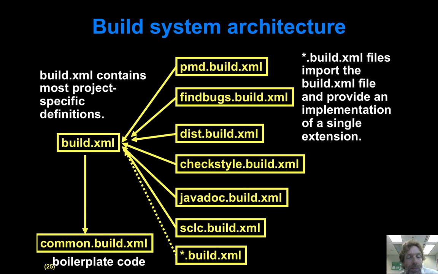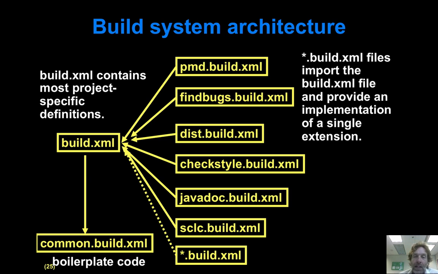And that build.xml depends upon another file called common.build.xml, which is just some utility code that shouldn't ever really have to change. It's split out so that when you're reading the build.xml file, it's fairly small, okay? And you're not having to wade through lots and lots of code that can be viewed as a black box basically for your purposes.